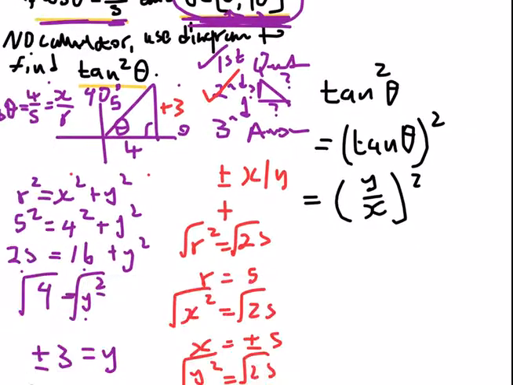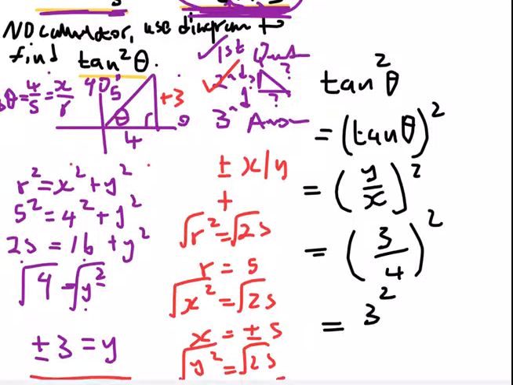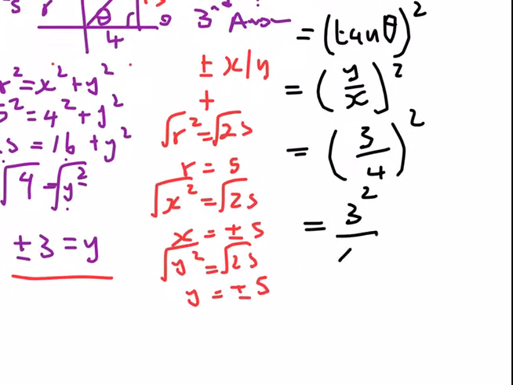All that we need to do is substitute. What is the y value? It is definitely positive 3. The x value, definitely positive 4. And then just remember that squared. Now we apply the laws of exponents, where we will have 3 squared over 4 squared, which ends up being 9 over 16.